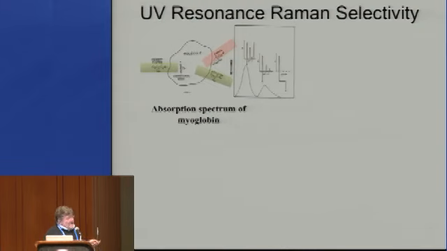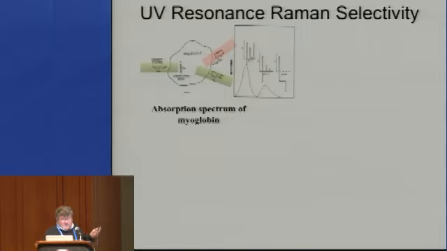However, we can impact the efficiency of Raman scattering by choosing an excitation wavelength which is in resonance. And so by choosing an excitation which is in resonance, we can excite particular electrons in particular orbitals in particular regions of a molecule. And so you have the selectivity of forcing those dynamics.